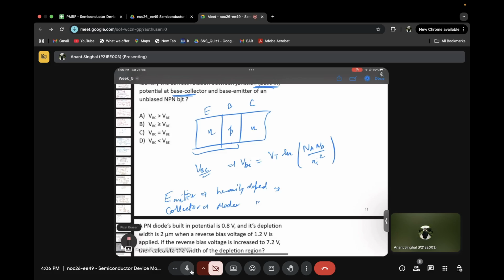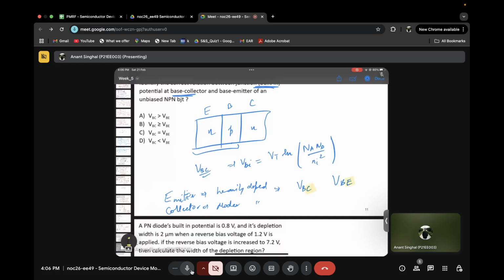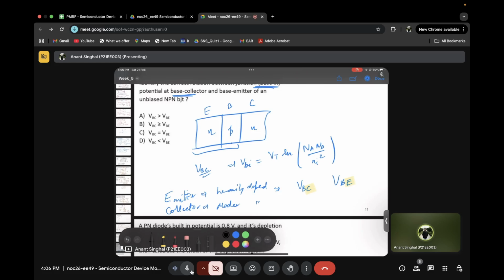So can you tell whether VBC or VBE will be higher? Which junction that is heavily doped has a higher VBI or a lower VBI? Heavily doped means it has high doping.